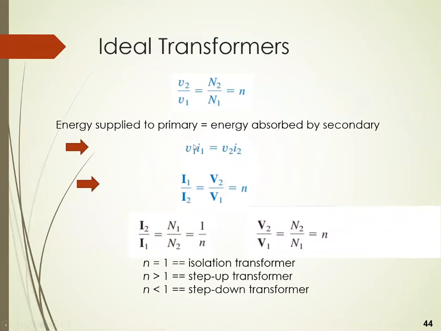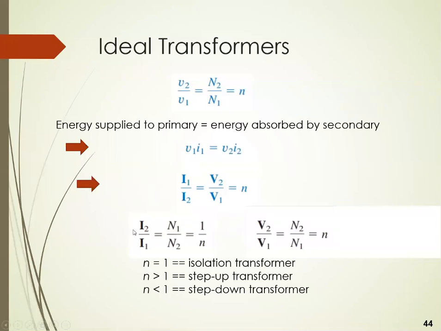So the product of voltage and current, if we multiply that, we get this same expression here, in terms of the turns ratio. So for an ideal transformer, the turns ratio is always equal to the secondary voltage over the primary voltage, or the primary current over the secondary current.